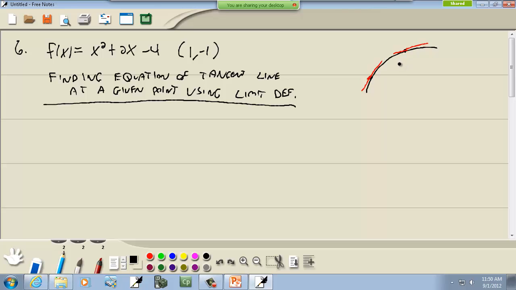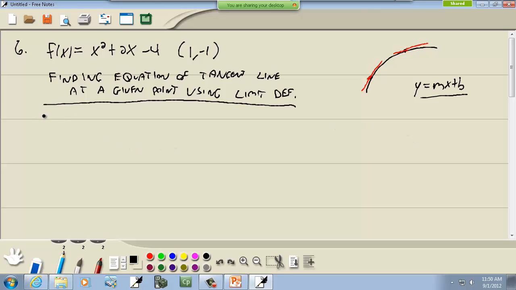Any point where you can find derivative, that is, and it exists. Then we plug in our specific x value, and that gives us the slope of that tangent line. And now we want to find the equation of that tangent line, y equals mx plus b. So that's our goal in these problems, is to get this.